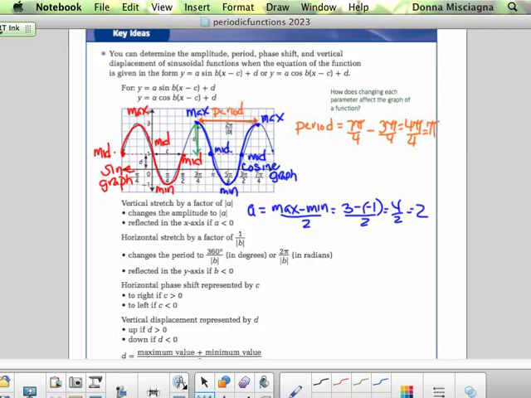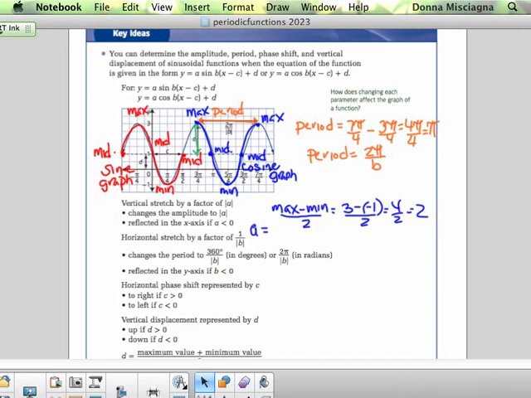All right. So anytime there is a period change, it's not 2 pi, we'll solve for B. To solve, period equals 2 pi divided by B. But I don't know if I have enough space. Well, we'll see what we can do.